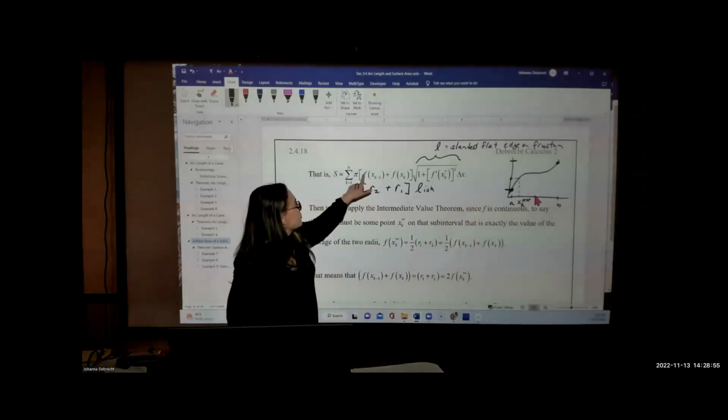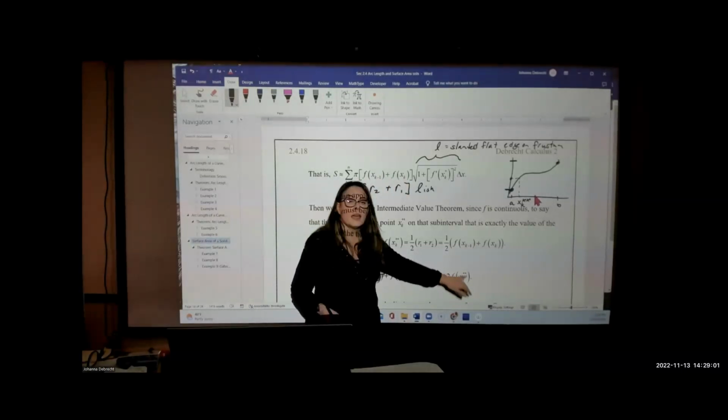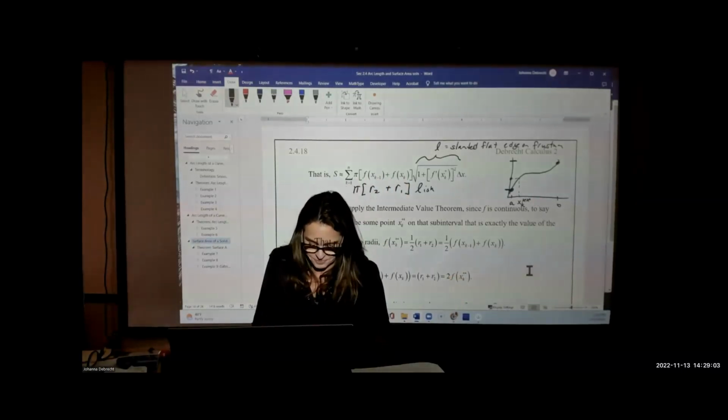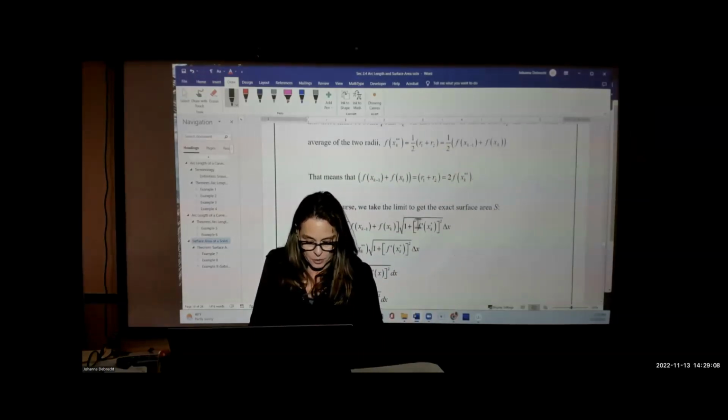So now we can replace this expression right here with 2 times f of x sub k double star. So the next thing that we're going to do is take the formula which we have right up here.